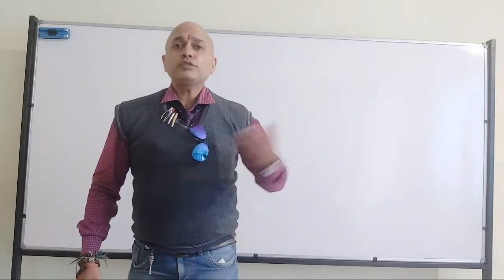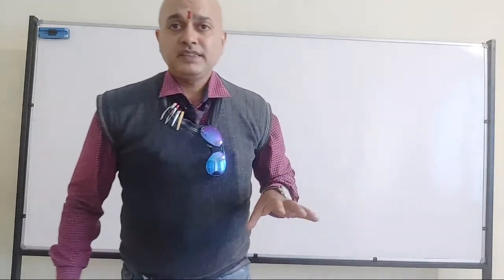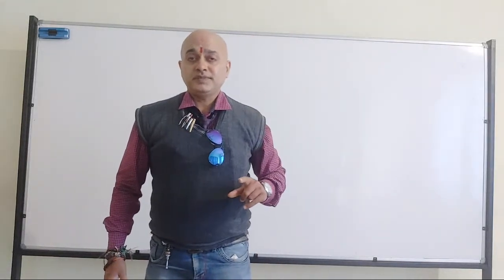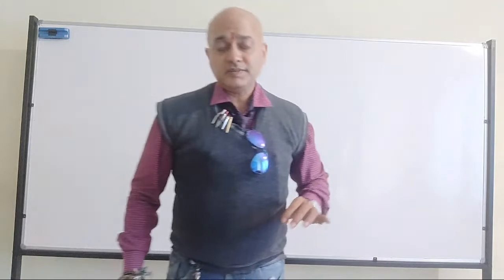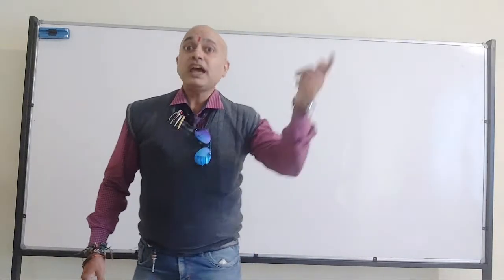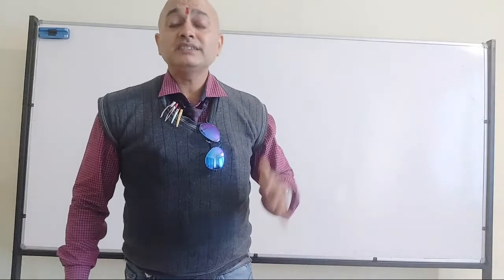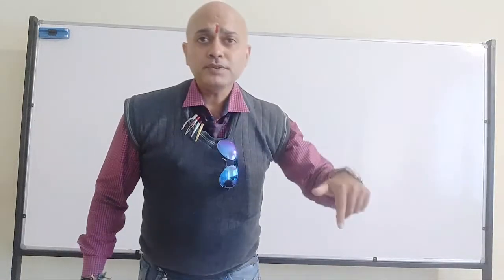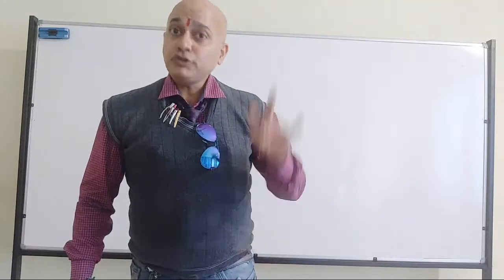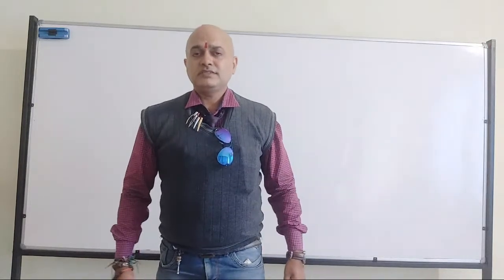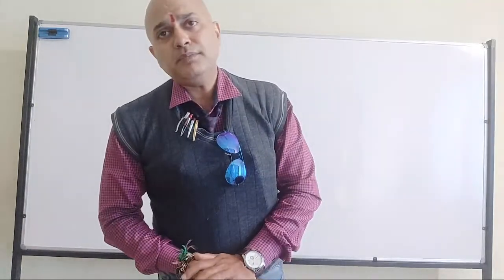Prepare more questions, then try to solve them, and have a discussion on each option. What can be the question if option A would have been the answer? What can be the question if option B would have been the answer? So whatever question is there, don't stick to that. Don't just say for question number 14 option C is the answer, fine, I have solved it, go to the next question. For each question you can make 3 to 4 sub-questions by yourself. That's how you should read the competitive exam books.